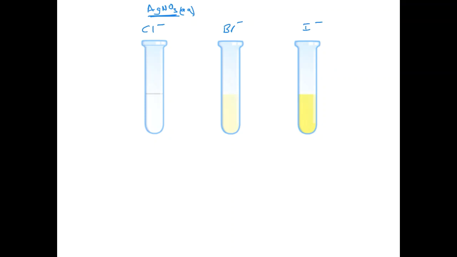So that's the first one. So you imagine there are chloride ions in this solution, and the silver nitrate solution contains silver ions, and they're the key ions. So they react with the chloride ions to form a white precipitate.